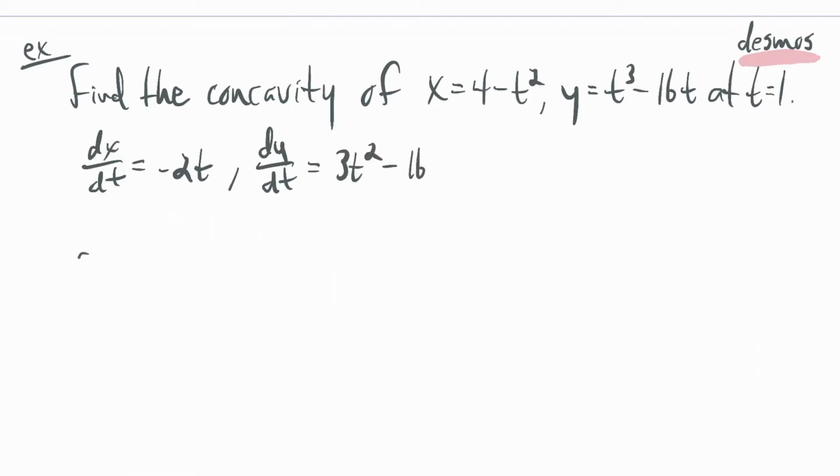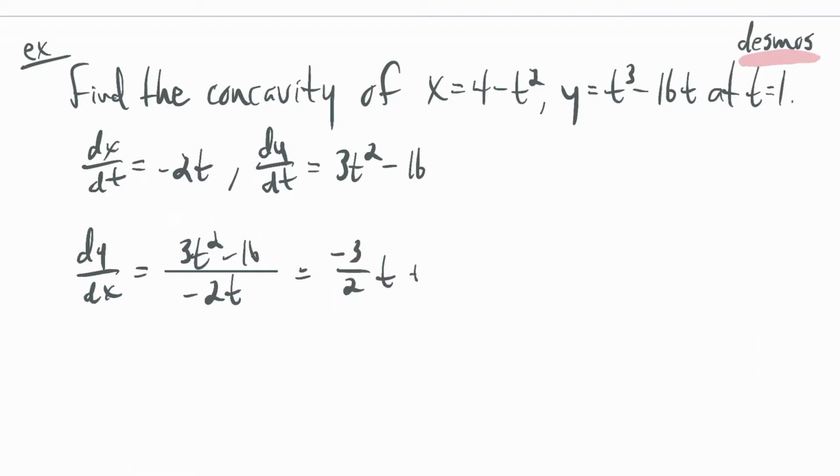Okay, so that means that dy/dx equals 3t squared minus 16 over negative 2t. And I want to avoid the quotient rule, so I'm going to go ahead and rewrite this by basically dividing the denominator into the two numerators separately. So I'm going to have negative 3/2 t plus 8t to the negative 1 power.